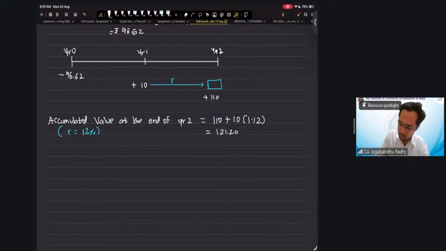But are you really sure that you will be able to reinvest your money at the same YTM rate?